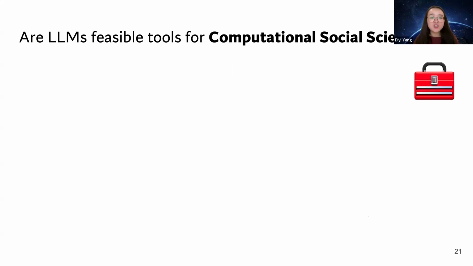So first, I want to acknowledge that social science is very broad. Given that it's very broad, we must identify some common tools. And if you think about what people use in computational social science, the first is supervised text classification.